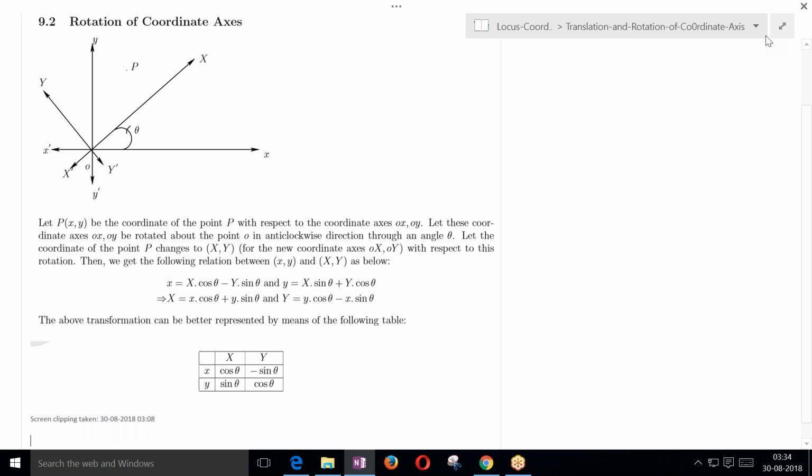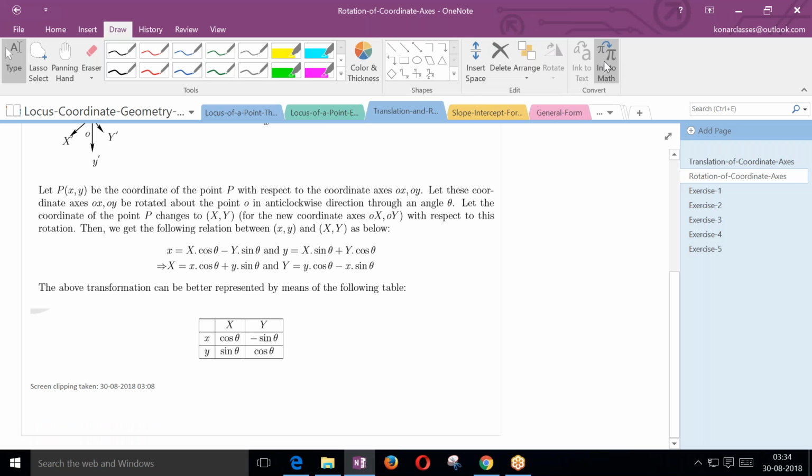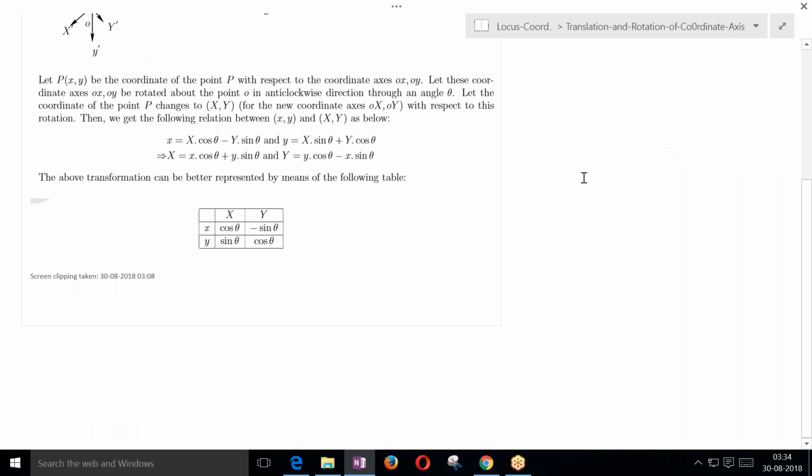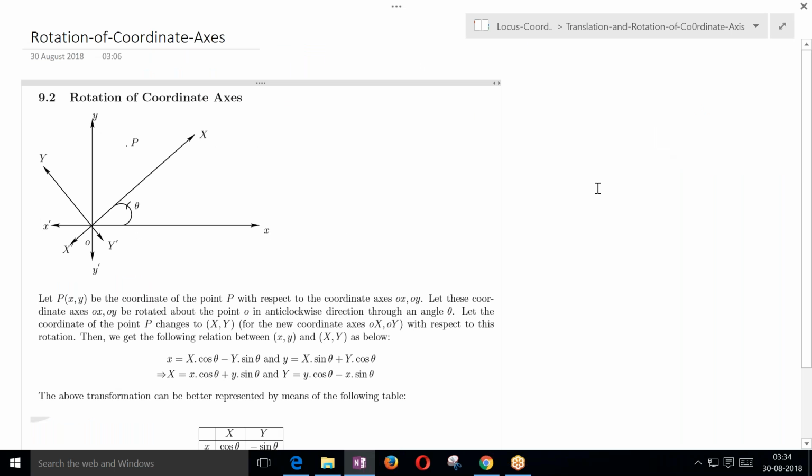If I draw this and derive, it will be clearly understandable. Let P(x, y) be the coordinate of the point P with respect to the coordinate axis OX, OY. That means this OX and this OY.